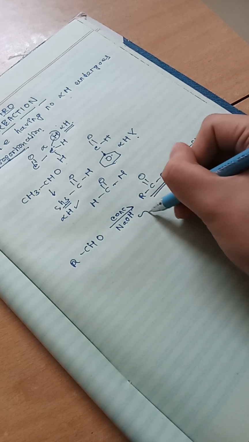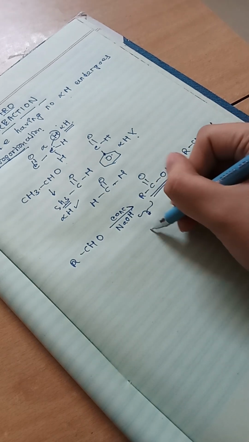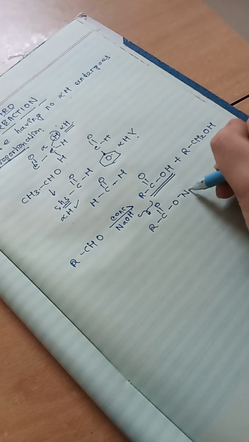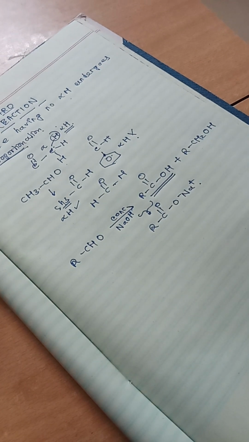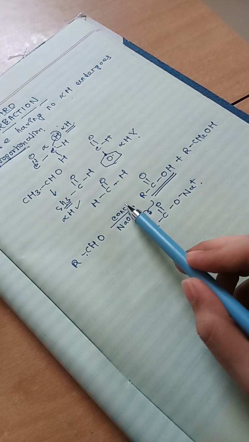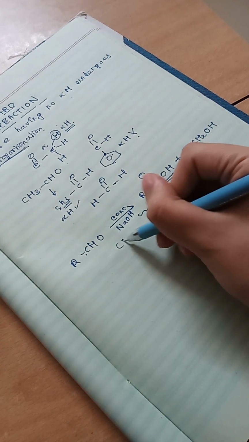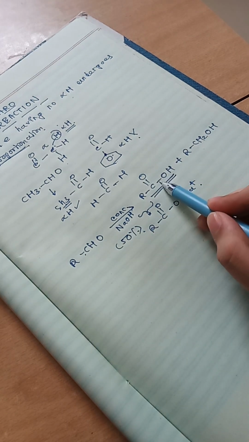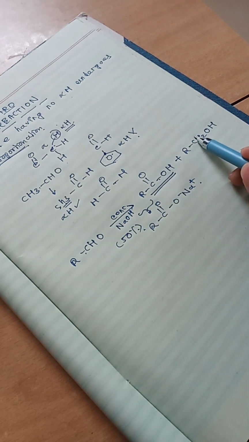So sodium hydroxide will react with this acid to form its sodium salt, which is sodium carboxylate. So this is a reaction where an aldehyde molecule, when treated with a concentrated alkali, about 50% concentration, forms an acid and an alcohol simultaneously.